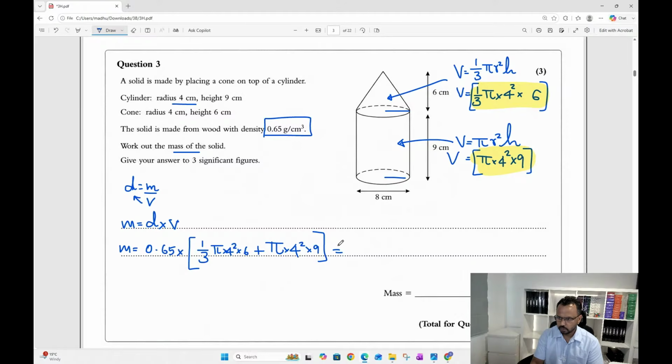I got 359.3981 and so on. The units are cubic centimeters, and they're asking in grams, so that's fine as well. The question says 3 significant figures, so that means it's 359 grams. Done.